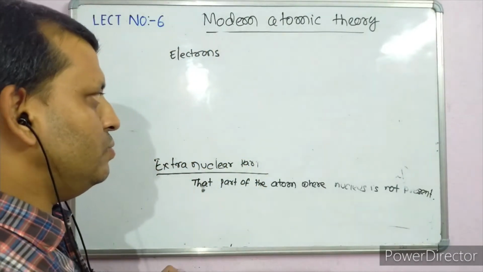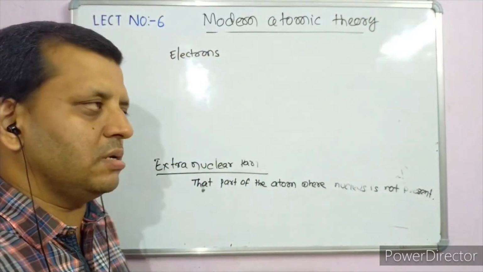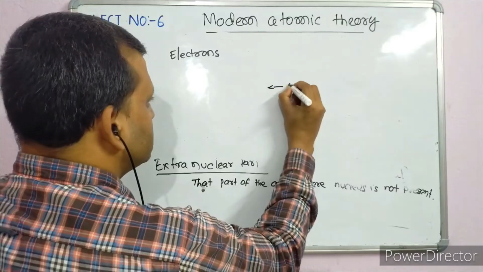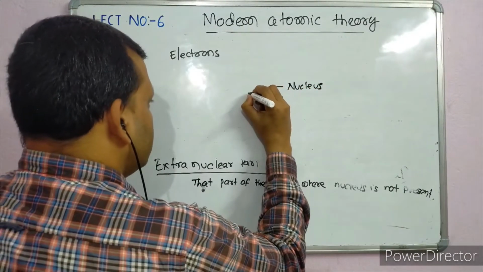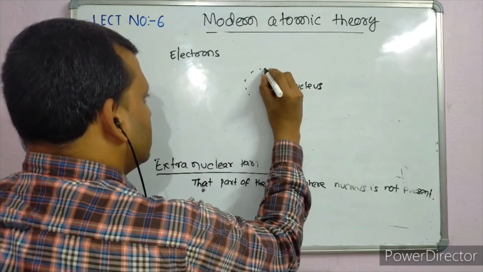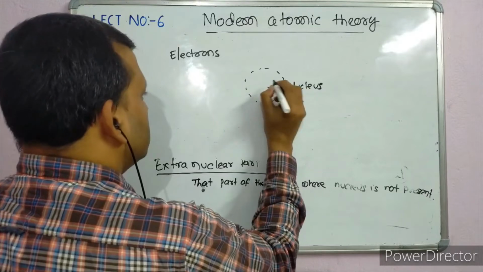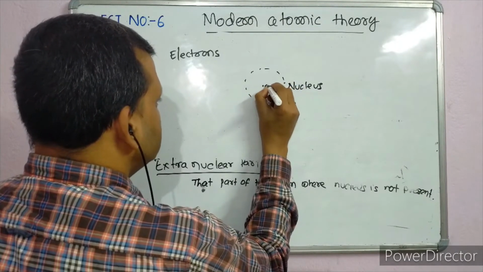Okay, so what do they really do? They revolve around the nucleus in a certain path. So if this is our nucleus, then in a certain fixed path, so let us say this is our nucleus.